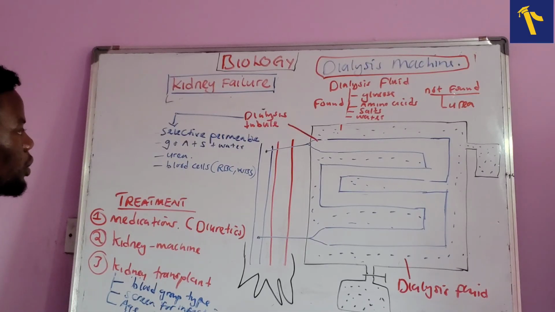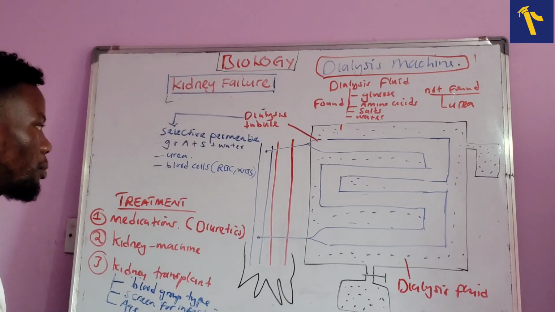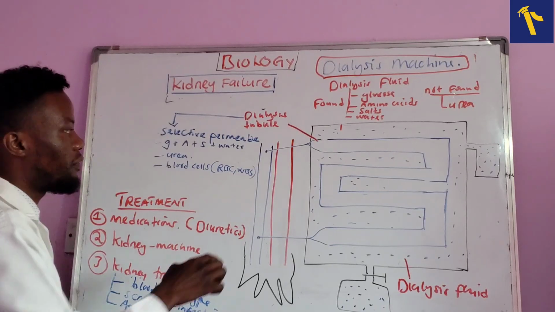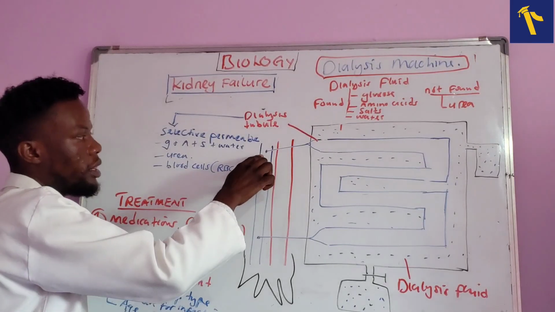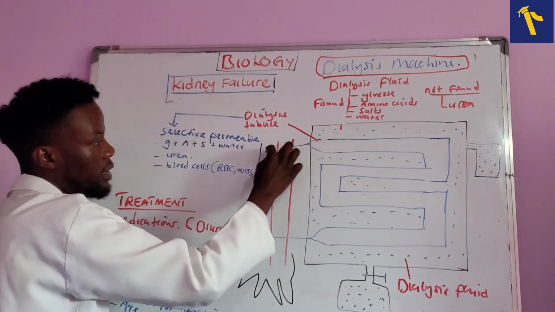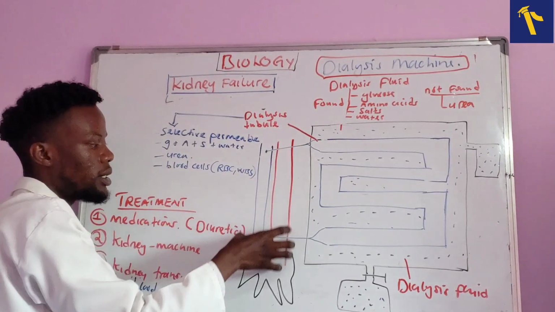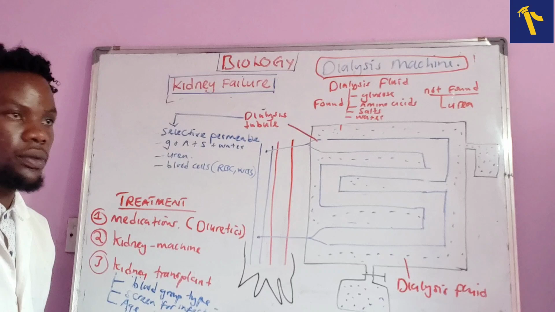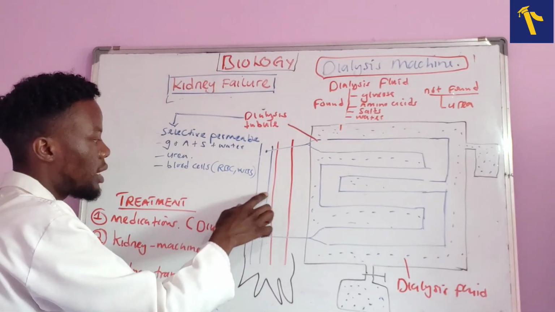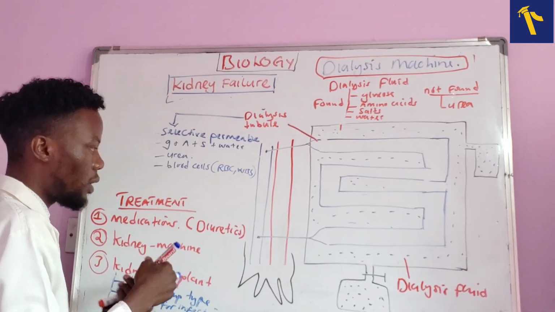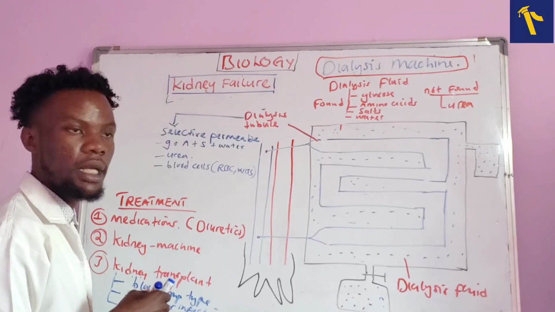Now, if we've understood about the dialysis tubing, what is the other important component that we need to understand? If you look here, this dialysis tubing has this extension, which is more like a needle that is going to be connected to a certain blood vessel. As you can see, there are two blood vessels here. We're going to just represent it using a letter.